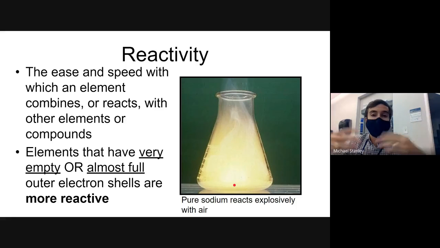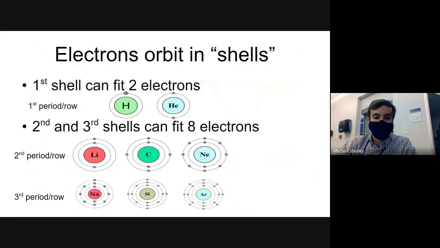Other atoms that have super full outer shells, that have their outer shell filled up already, are less reactive. They don't really want to be reacting with all those other elements on the table. They're happy just doing their own thing. So like neon and argon, we talked about earlier, neon has a full second shell. Argon has a full third shell.